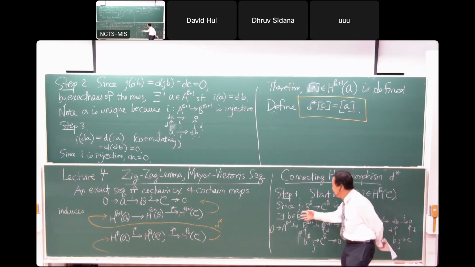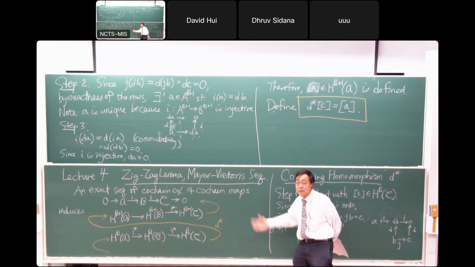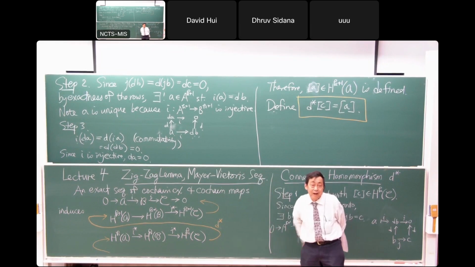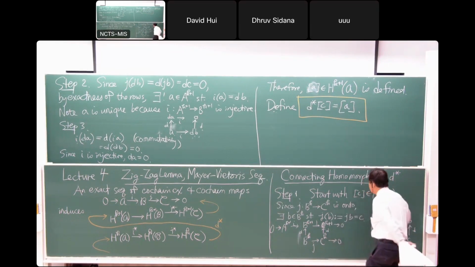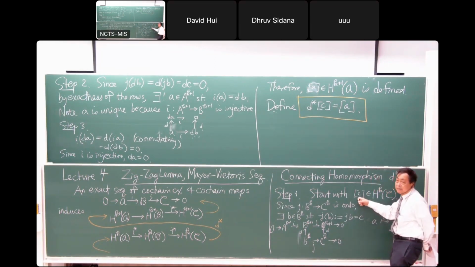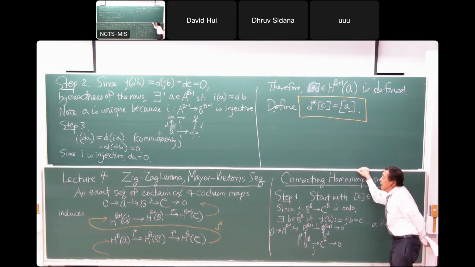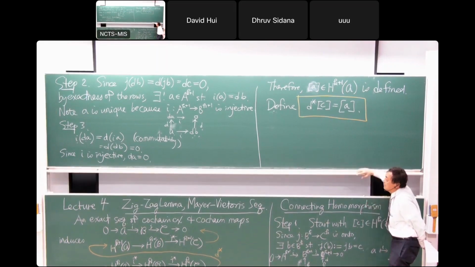You know, once you have B, A is uniquely determined, so A is fine. But there is another choice that I made. C, yes, because we start with the cohomology class of C, but this cohomology class can be represented by different C's, okay? So I have made 2 choices.